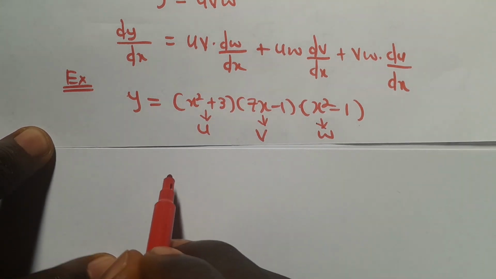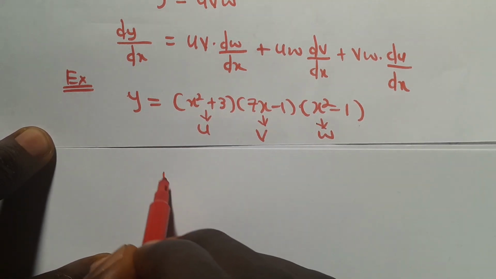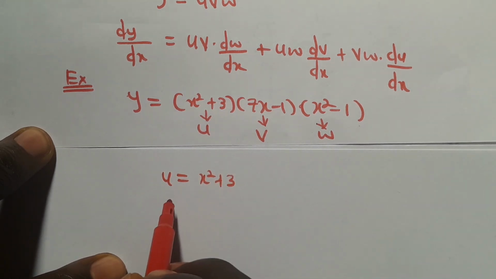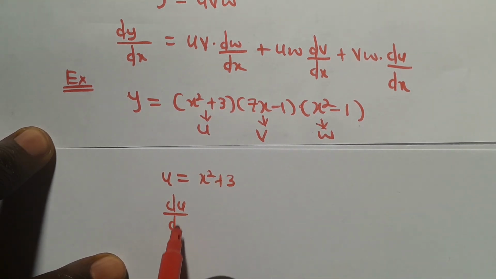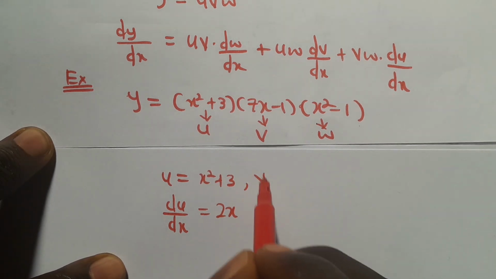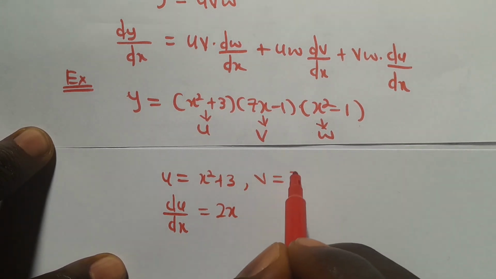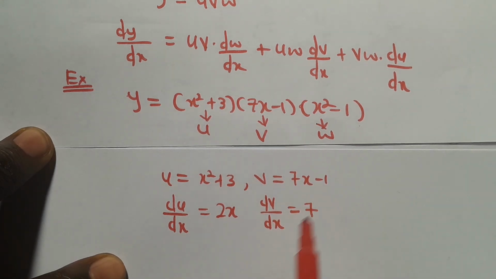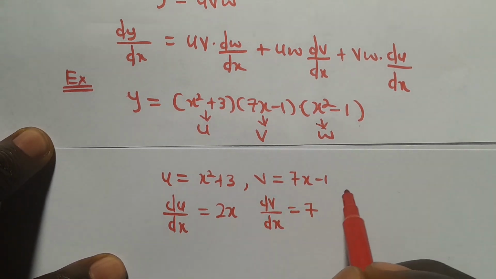So therefore we can declare our u equals x squared plus 3. The du/dx will be equal to 2x. Also we have phi equals 7x minus 1. The dphi/dx equals 7.